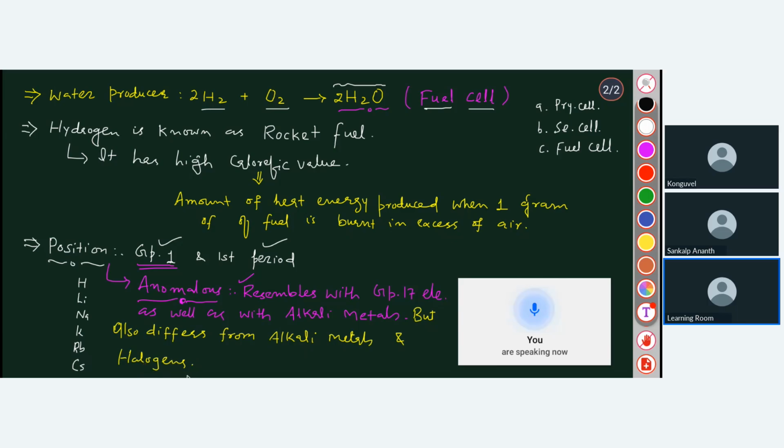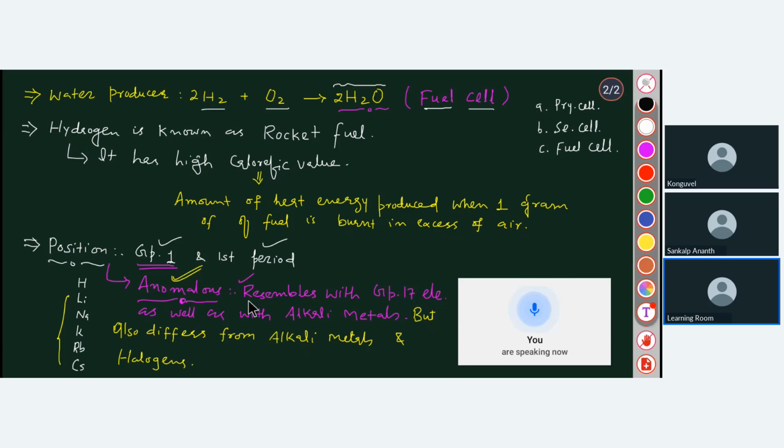So that is why it shows anomalous behavior. That means its properties don't fully resemble the alkali metals. Similarly, when we talk of group 17, the halogens, it resembles in a few properties, but differs in a few. So that is why hydrogen doesn't have an exact position in the periodic table. That's why we say its position is anomalous. It is not properly placed.